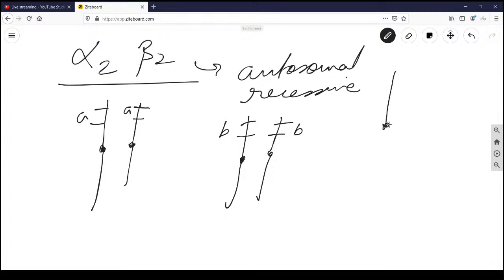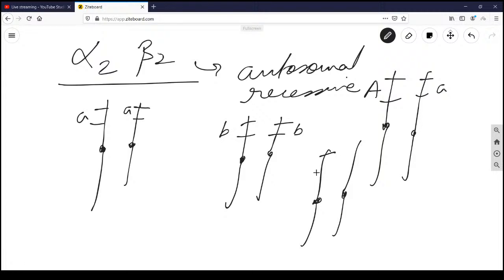In case of alpha, one is dominant, meaning one is the proper gene. You will be phenotypically normal in this case, and in case of beta also. If one is normal and one is recessive, meaning possessing nonsense or missense mutations, this genotype will give you a normal phenotype.